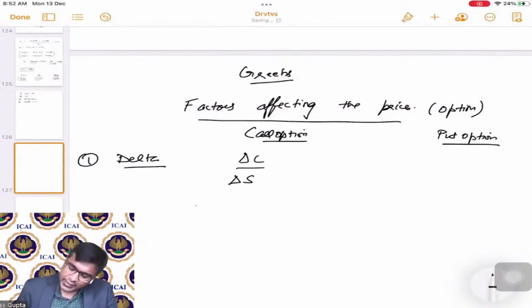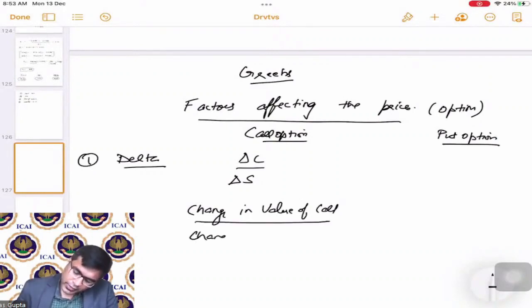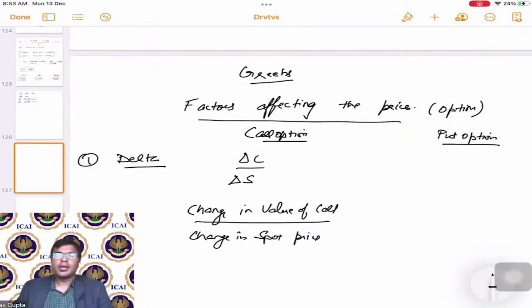Symbolically, it is mentioned as above. I'm writing the exact wording here: change in value of call divided by change in spot price. If there is a change in spot price, what is the change in the value of the call option?